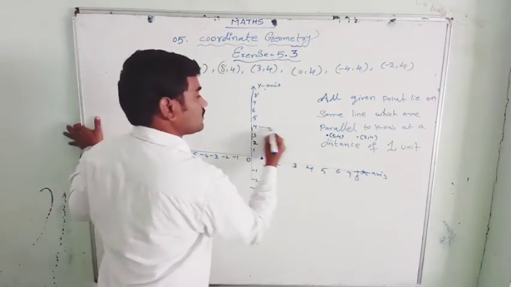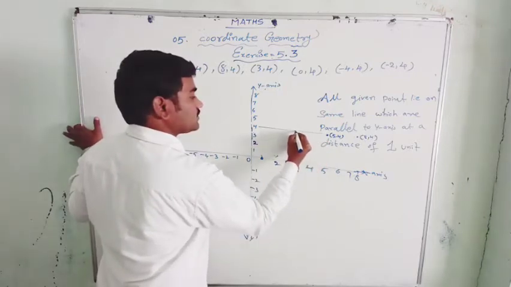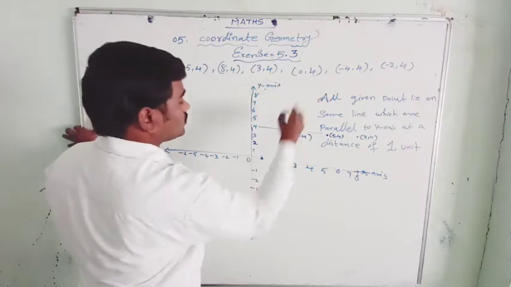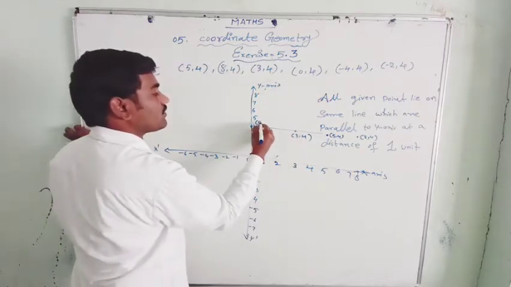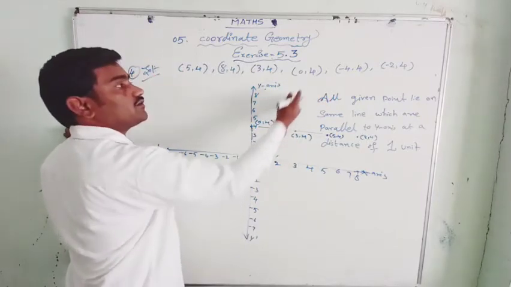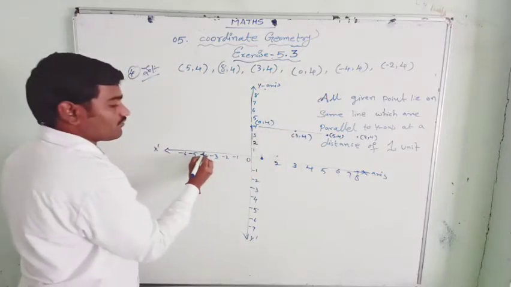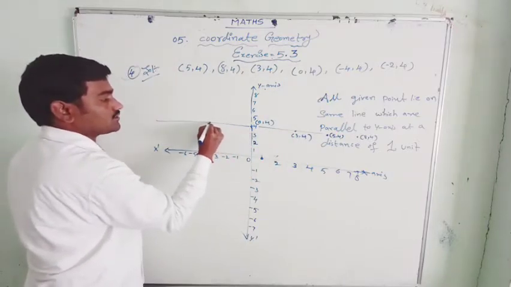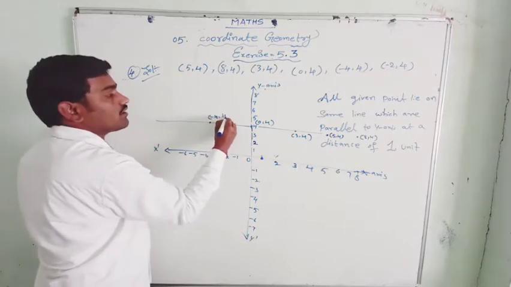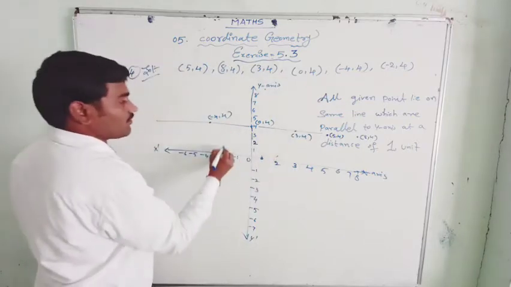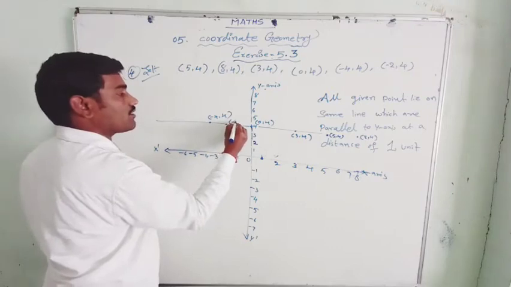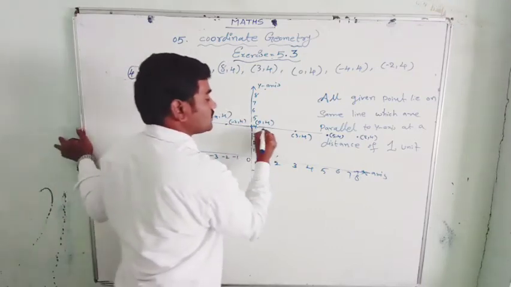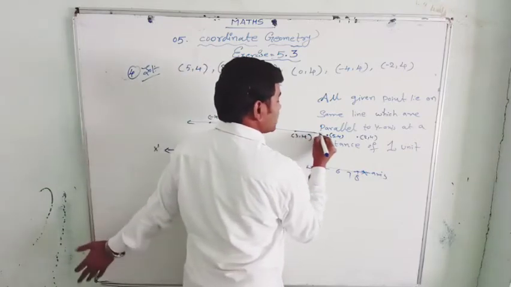Next 0, 4. X value is 0, y value is 4. Next -4, 4. Here it comes -4, 4. Next -2, 4. See that, join all these points by a ruler or a scale.